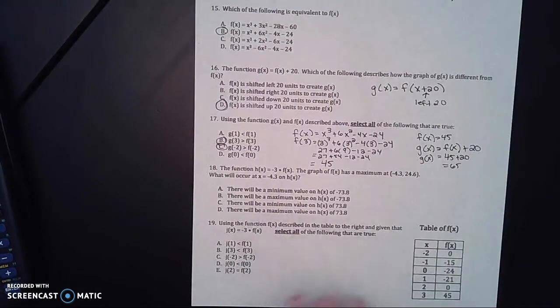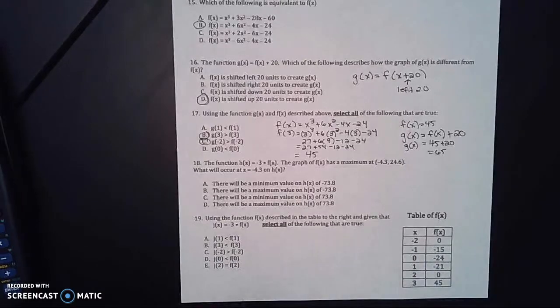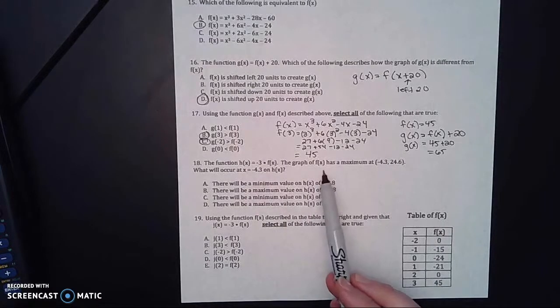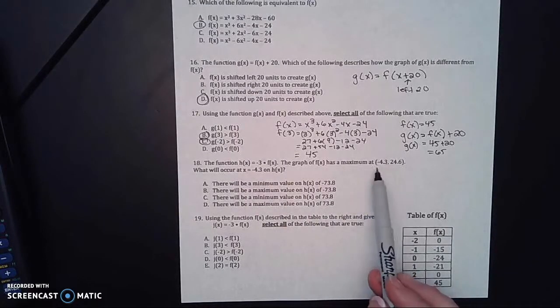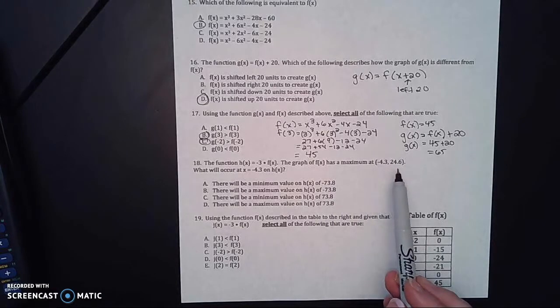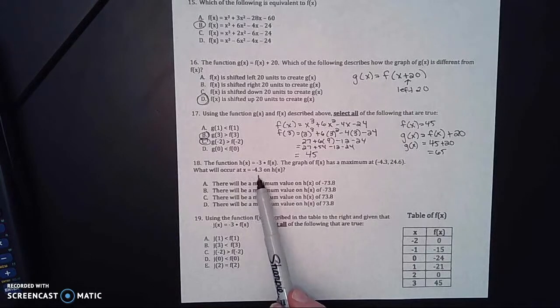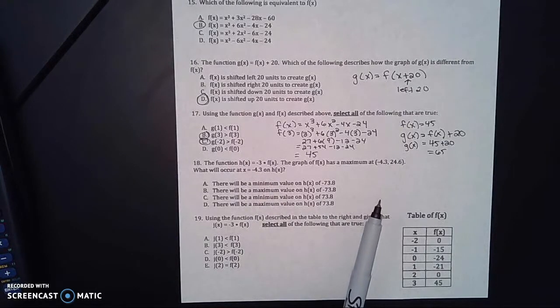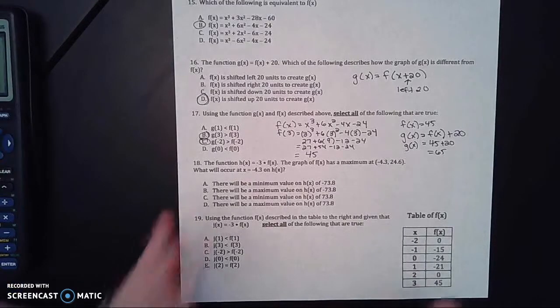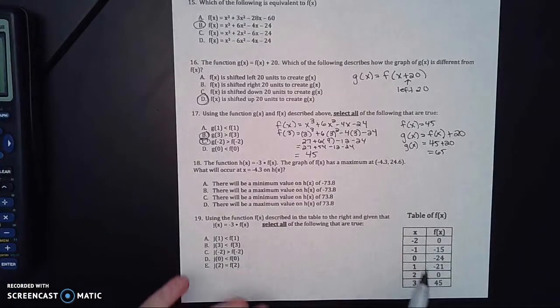Now, if I look at 18, 18 says the function h of x equals negative 3 times f of x. The graph of f of x has a maximum at negative 4.3, 24.6. What will occur at x equals negative 4.3 on h of x? So let's think about it as a quadratic, since that's what you guys are most familiar with.